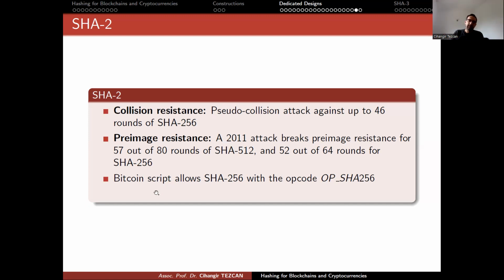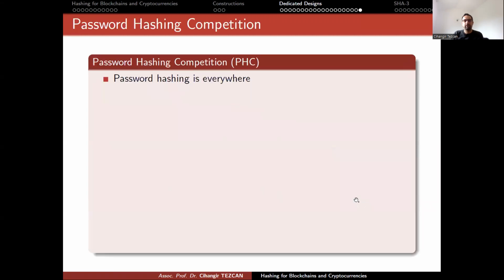SHA256 is extensively used in Bitcoin, so there's an opcode for that. But also, if you use the opcode OP_HASH256, it applies SHA256 twice. Okay, so Bitcoin uses SHA256 a lot.